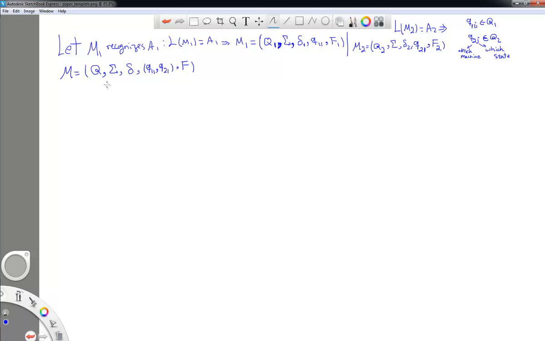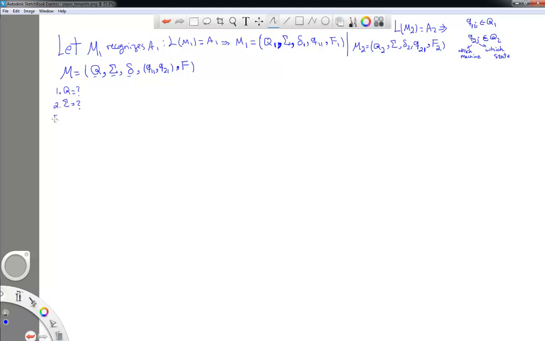Now to define this finite automaton, to show that this actually accepts the union of the two languages, I'm going to have to do exactly what I did so far in this class. Define every single one of these: Q, sigma, delta, your start state and your final states. Now, let's start with the easy ones. So first, I'm going to just write down Q here. I need to see what this is.